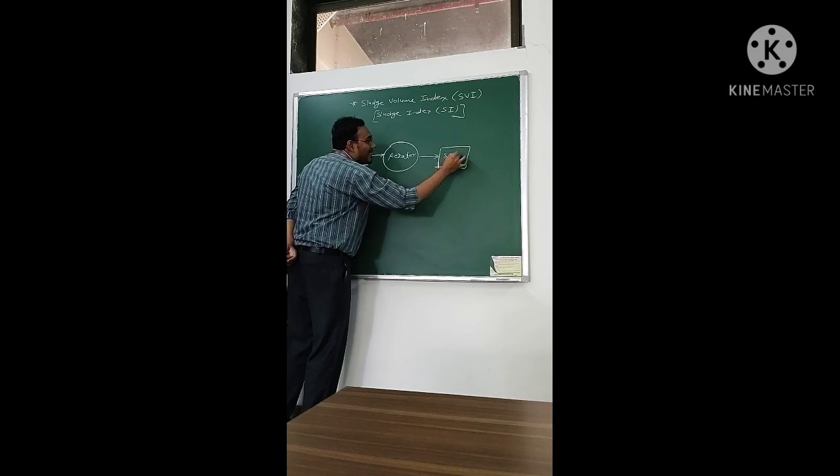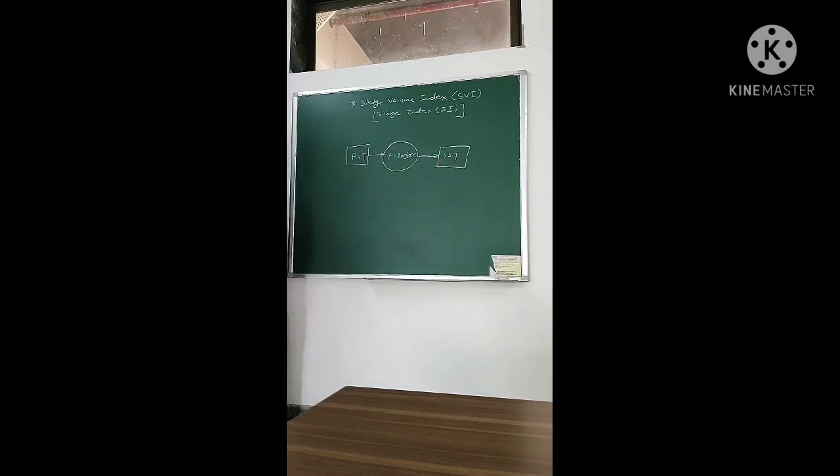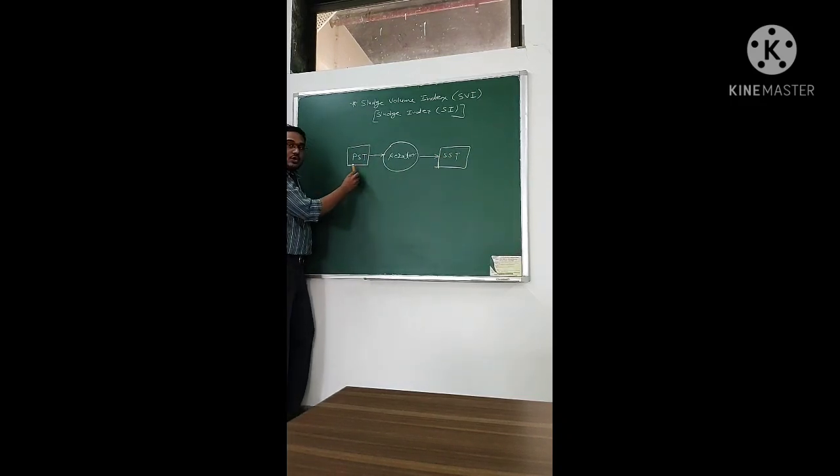The flow of raw sewage occurs from PST to aeration, and aeration to SST.